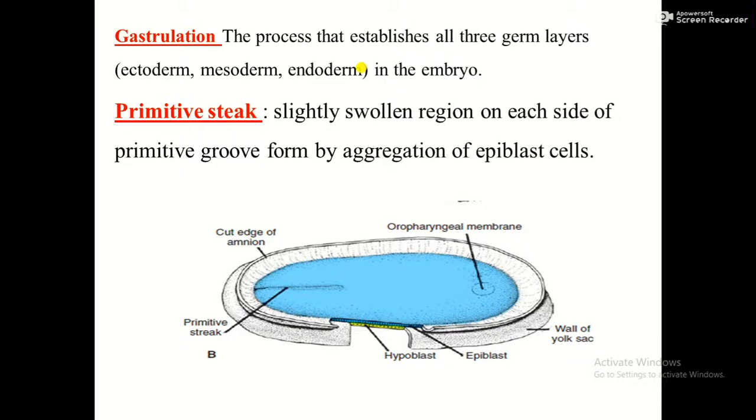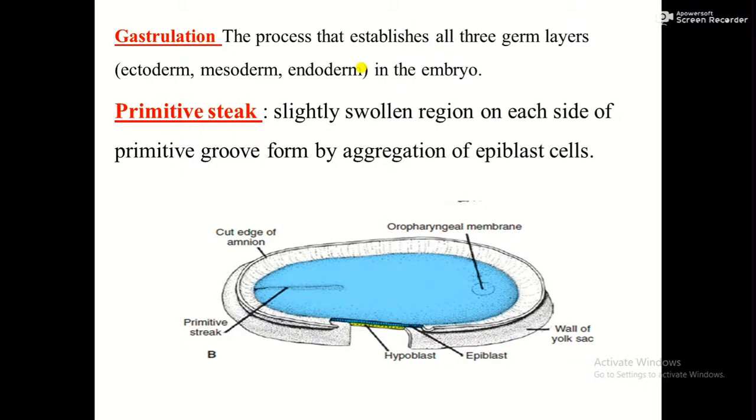We actually have three basic layers, which are ectoderm, mesoderm, and endoderm, three layers that we will take in detail, and we will see that these layers themselves will form all the tissues and organs inside the embryo body. So generally this week has an important characteristic, which includes gastrulation.